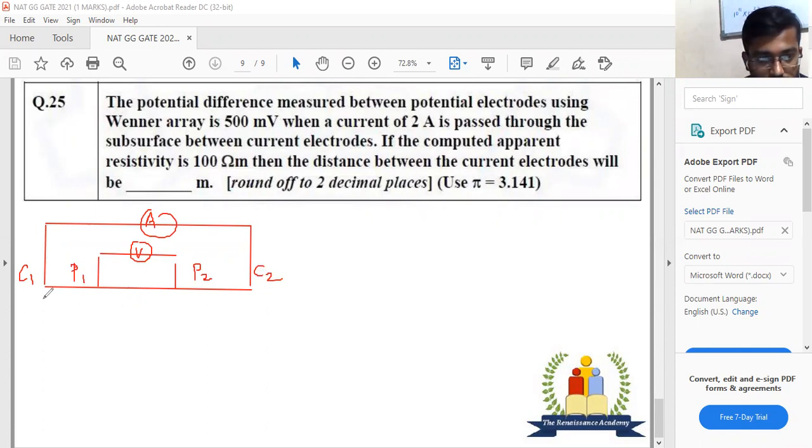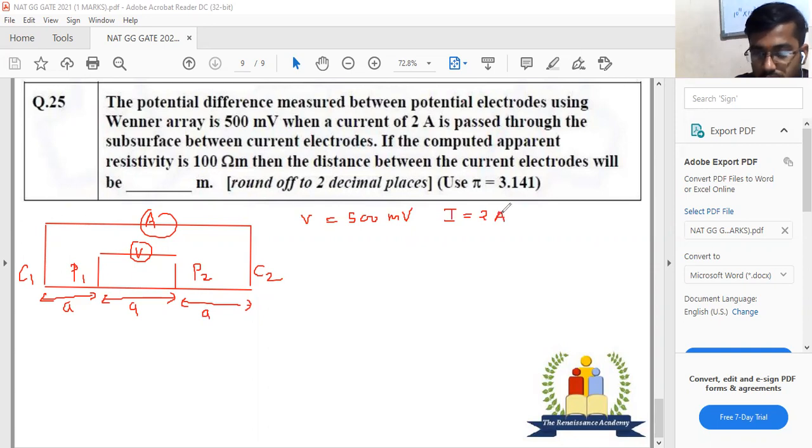Now this distance is A according to the Wenner array. The distance between each potential and current electrode is the same, so A. Now voltage is given, 500 millivolt. Current is given, 2 ampere.